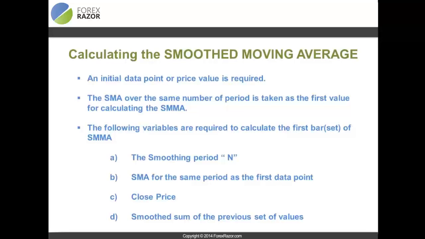The other remaining variables that are needed to calculate the smooth moving average are the smoothing period n, that is the time period that you're taking into consideration, the smooth moving average for the same period as the first data point, then we need the close price, and the smooth sum of the previous set of values.